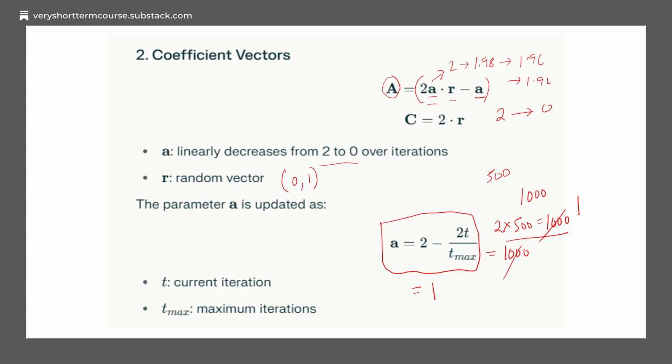So that is why they are saying they are vector. Otherwise you can take a single value of a, r, and then calculate big A, and then you put it into your equation. C also is 2 dot r, that means 2 multiplied by r. So that will give you the value of C.